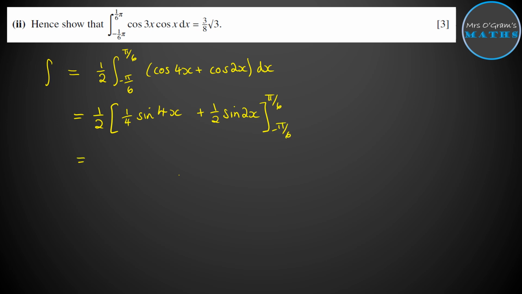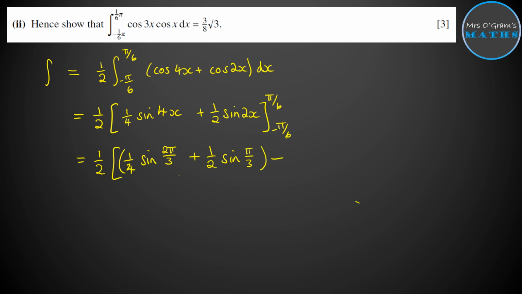So now if we substitute in those limits, we'll have a quarter sine of pi by 6 times by 4, so that'll be 2 pi by 3, plus half of sine, oops, forgot the bracket there, so sine of 2x, so that'll be pi by 3.